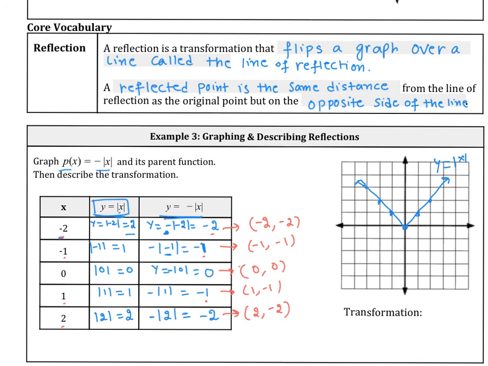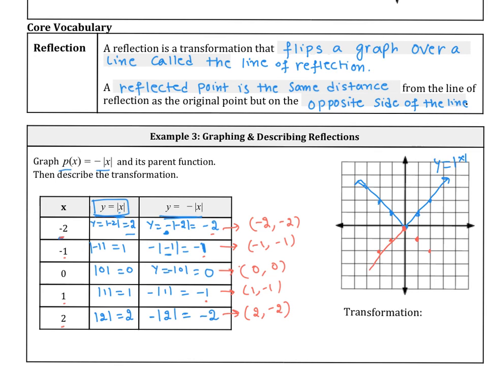I'm going to plot these values. So here is (-2, -2) this point, (-1, -1), (0, 0), and then (1, -1), and then (2, -2).